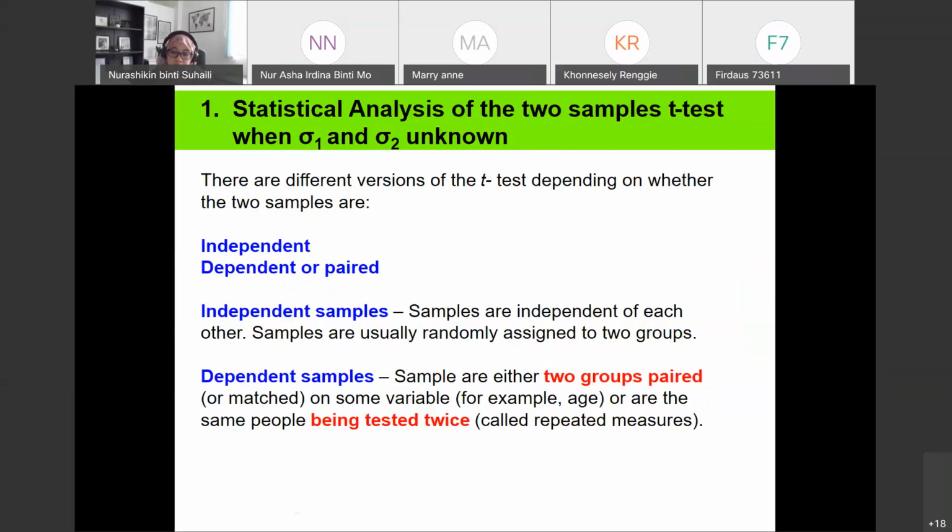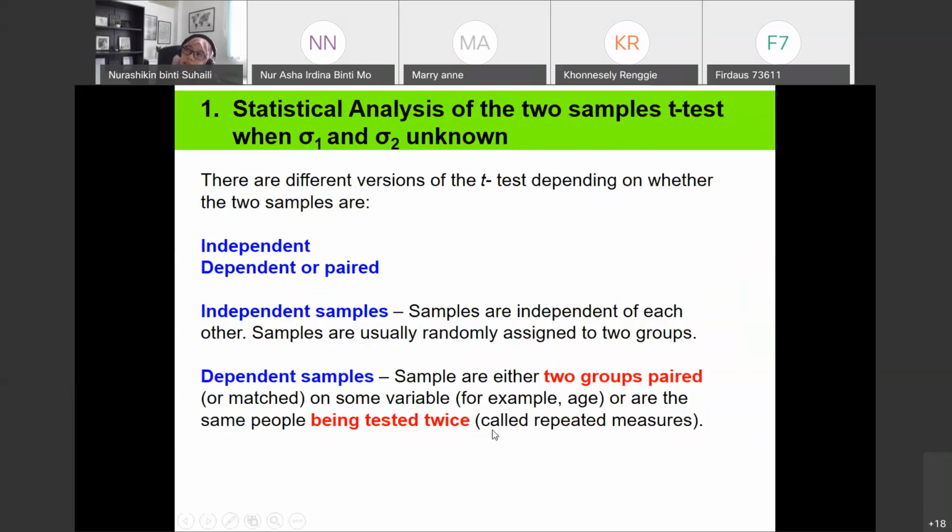For dependent samples, it is either two groups paired or matched, or the same people being tested twice. This one is a bit easy. You can see from the problem whether it involves repeated measurement. So what is meant by the same people being tested twice?